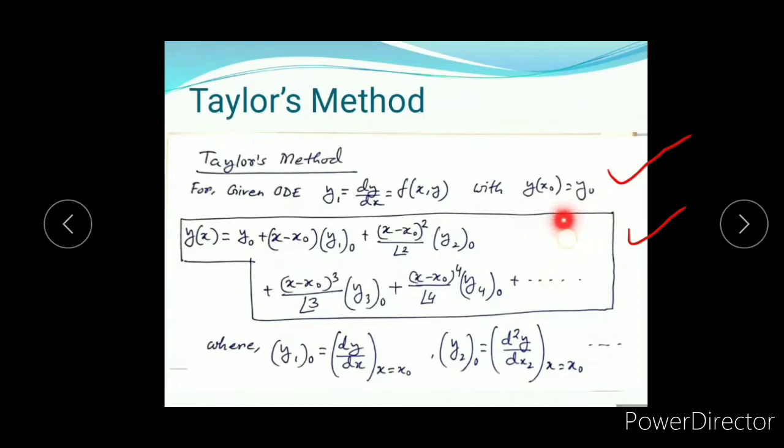The next term will be (x minus x0) to the power 5 divided by 5 factorial y5(0) and so on. Here y1(0) equals dy/dx at x equals x0 and y2(0) equals d2y/dx2 at x equals x0.